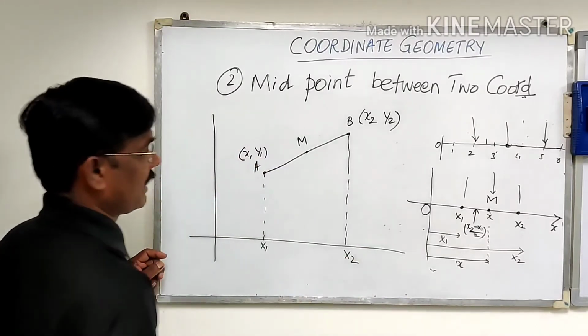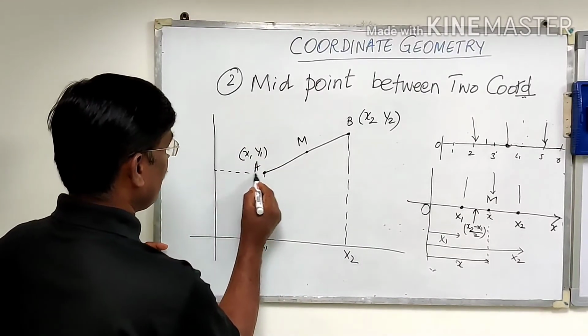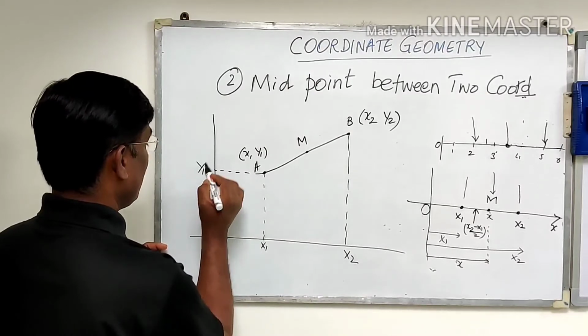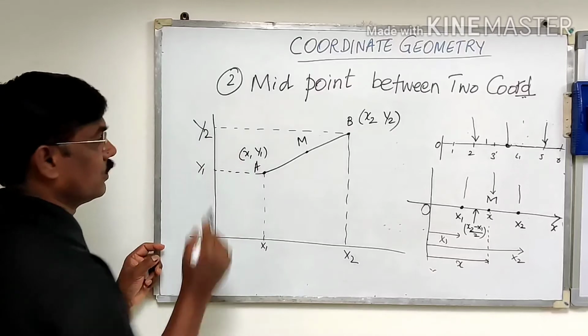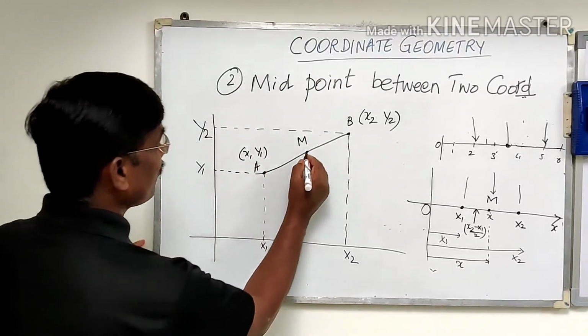This is x2, and this is y1 and y2. What we have to find is M.